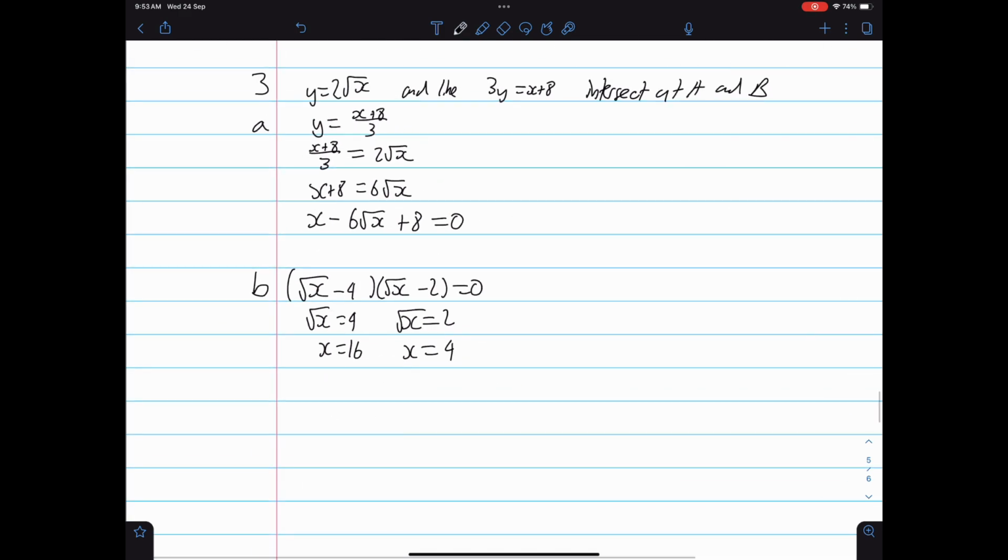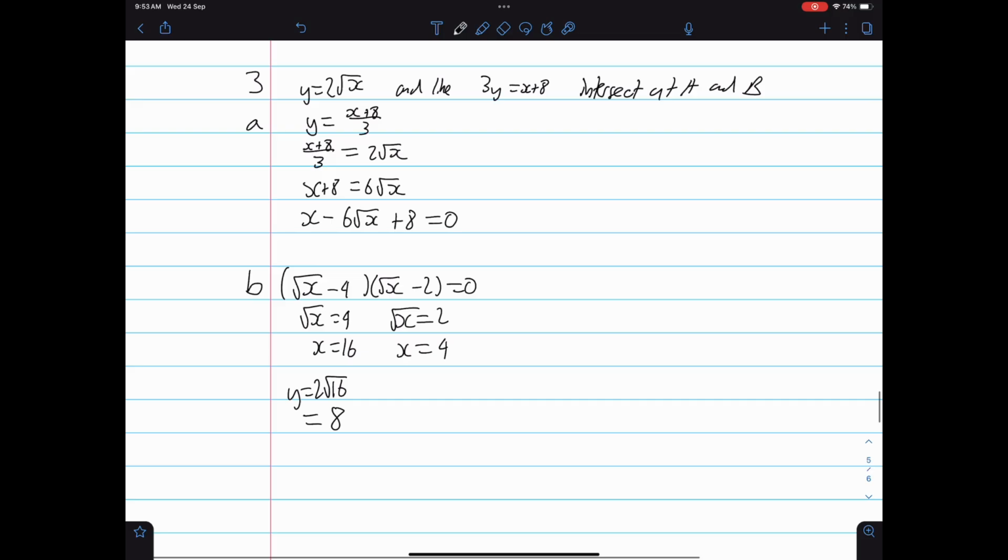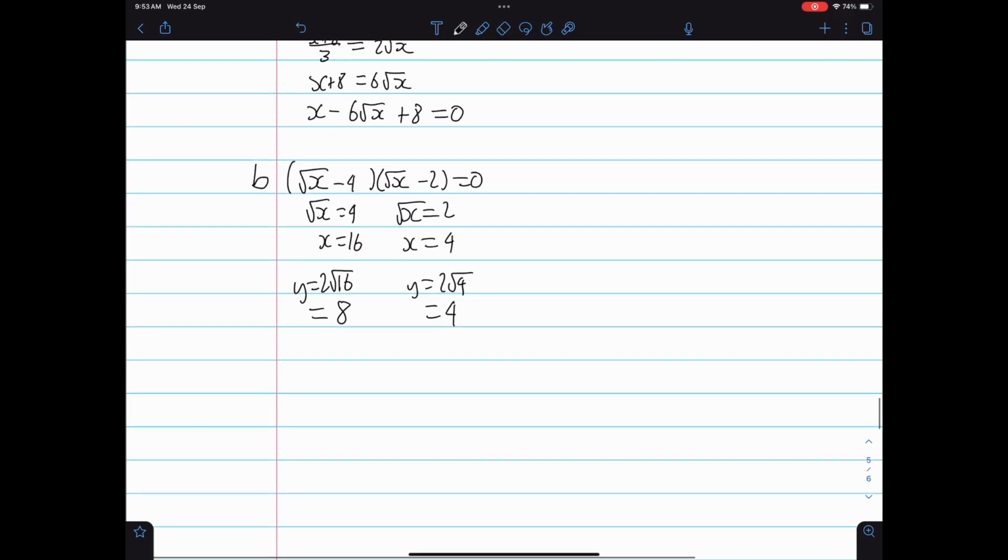And now we put this into the 2 root x, y equals 2 root 16. That's just 8. And y equals 2 root 4, which is just 4. So we get A and B at 16, 8, and 4, 4.